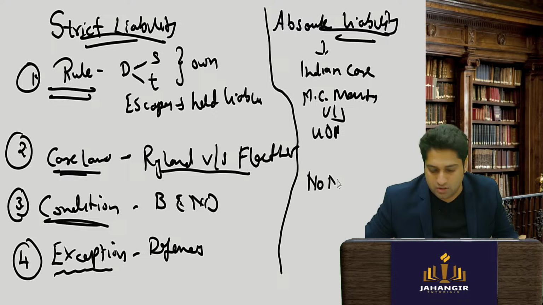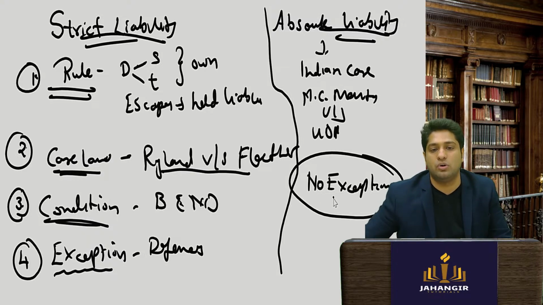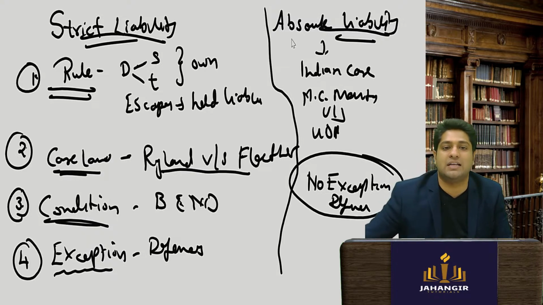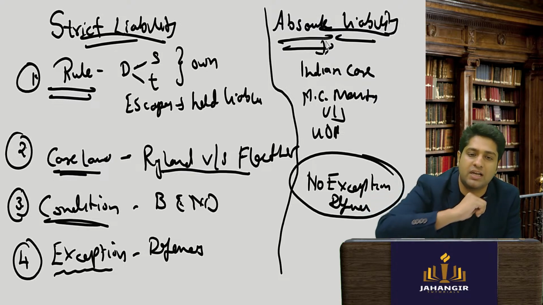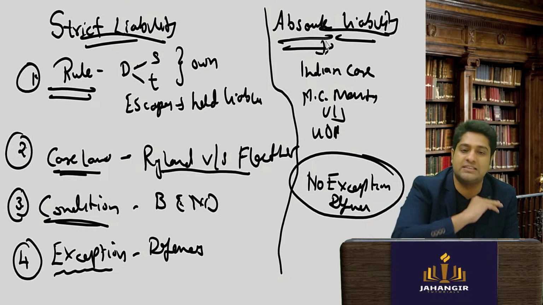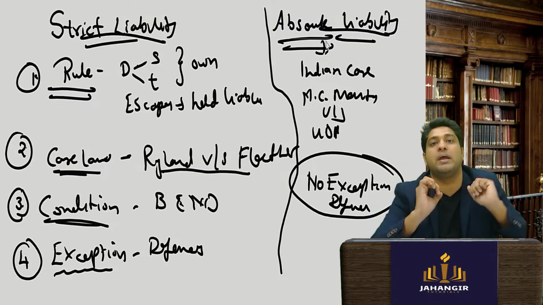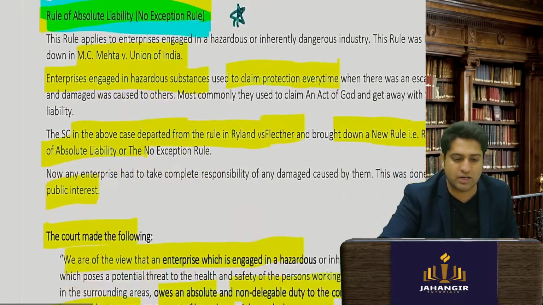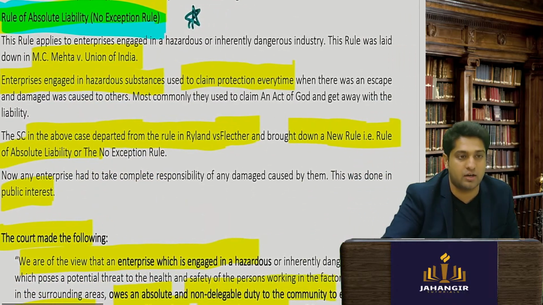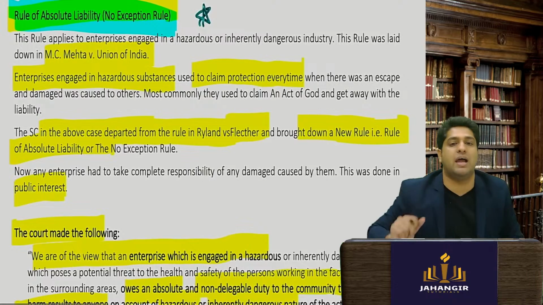So here in India, the same strict liability applies, but no defense is given. That is called absolute liability. Absolutely liable. No exception, no defense. Loss has happened, you have to pay. Clear?